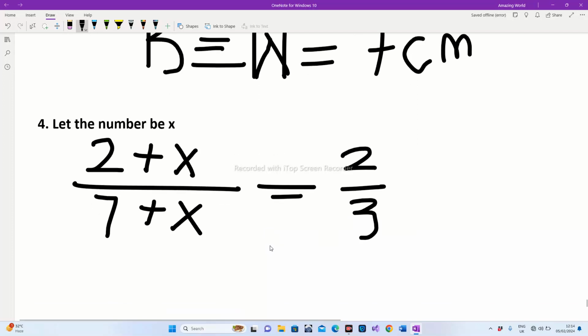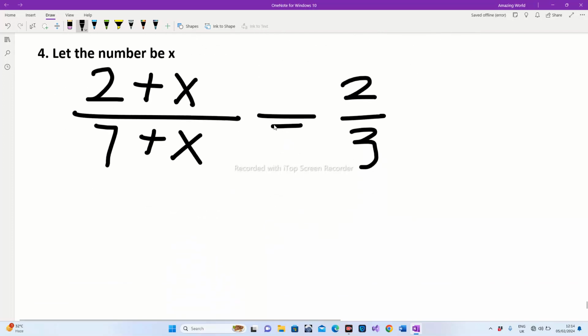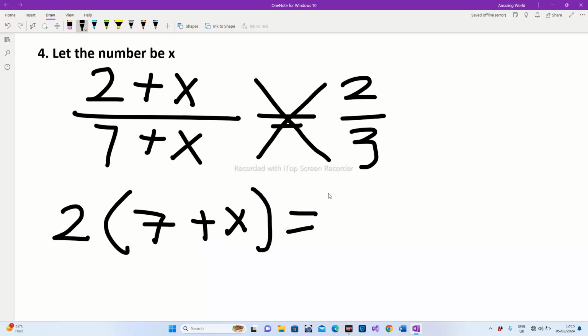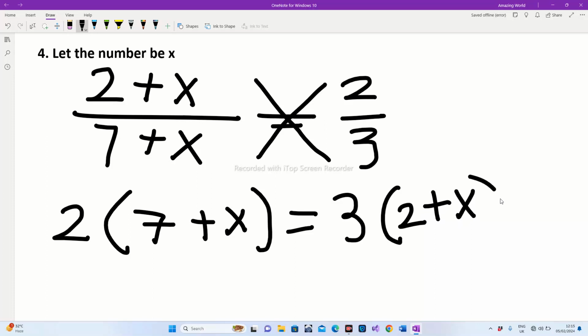Now, if we have been solving previously, we should know that we are to cross multiply since this is a fraction. So we have 2 bracket 7 plus x should equal 3 bracket 2 plus x.